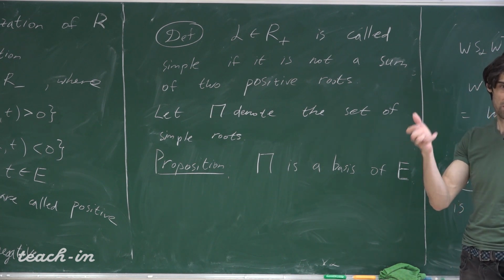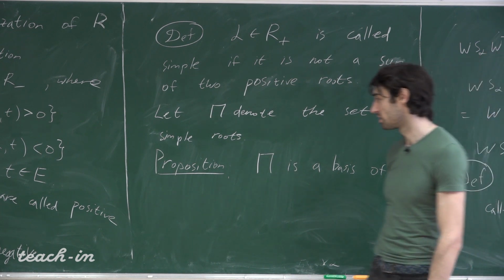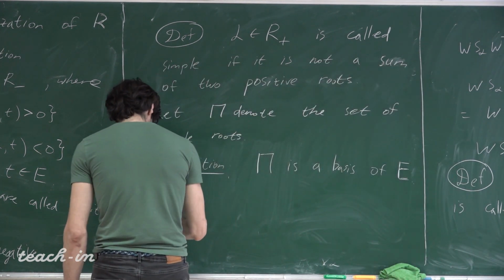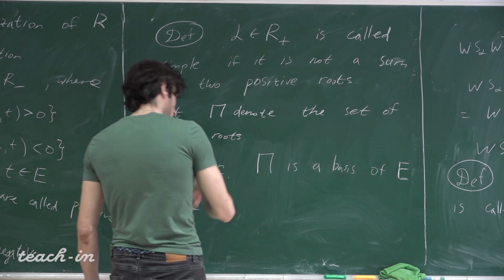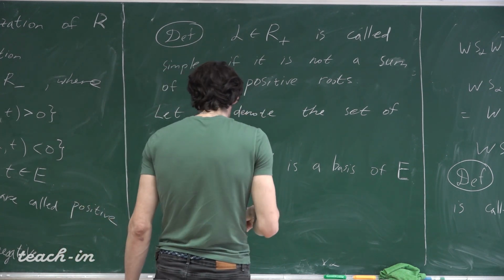So it still spans E, but now it's also linearly independent. So proof. The proof is the following.